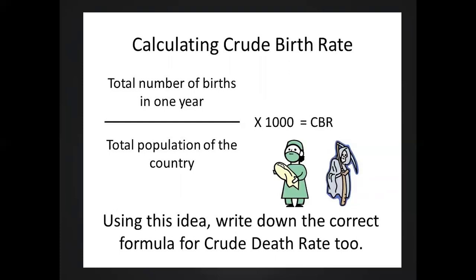So the crude birth rate equals the total number of births in a year divided by the total population of the city or country, multiplied by 1,000.